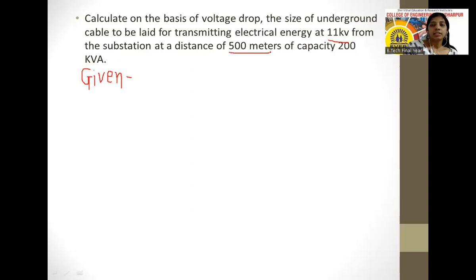Then length is also given. Power is given in the kVA. So first of all, what we have to do? We have to write all the given quantities. V is equal to 11 kV. Then next, length of the cable is 500 meters. Then next, power is given 200 kVA.